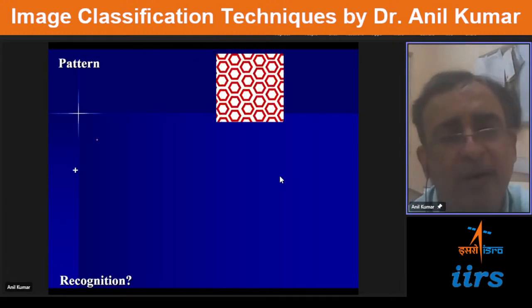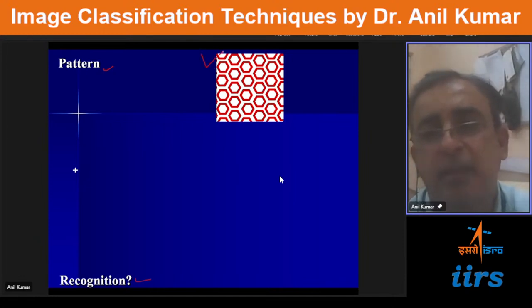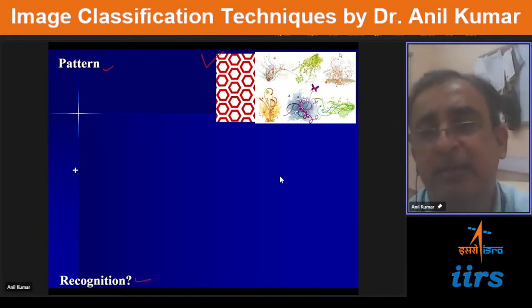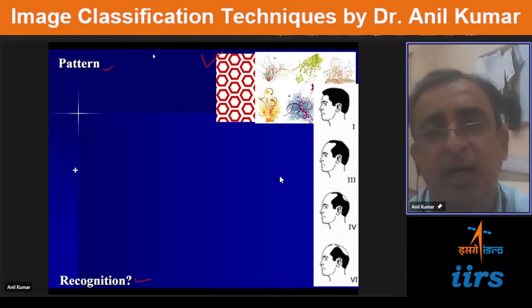When we move further towards classification, we are trying to apply the concept of pattern recognition. So what is pattern recognition? It is pattern plus recognition. First, on the image we can see some systematic patterns or some irregular patterns like this one or this one. The third one we see here is a temporal pattern.